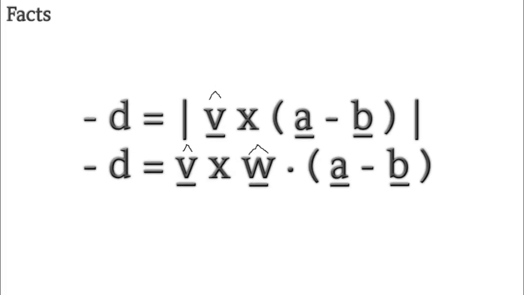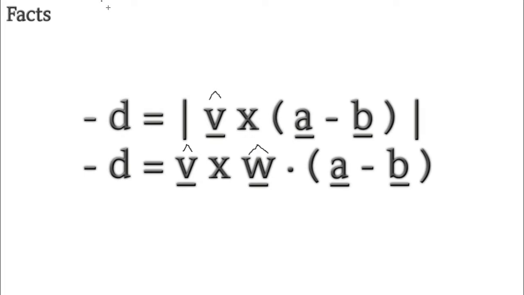So, to find the distance between two lines, there are certain equations that you can use. They are shown as above. The first one, d equals the modulus of p cross (a − b).